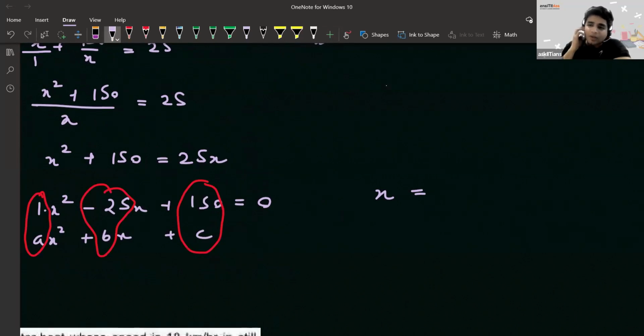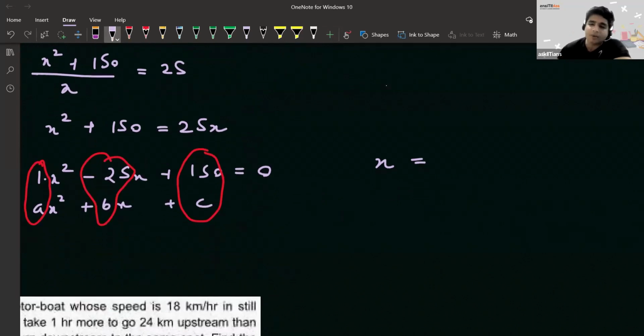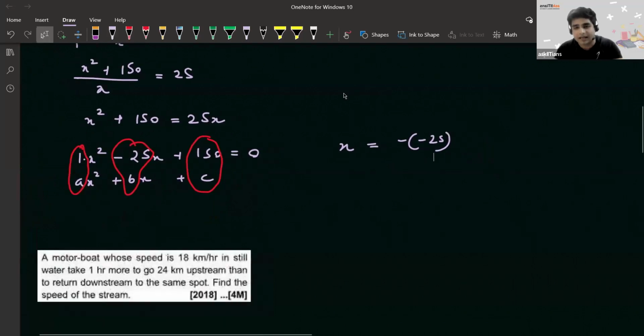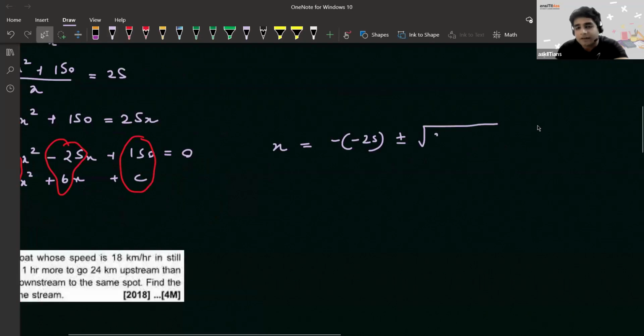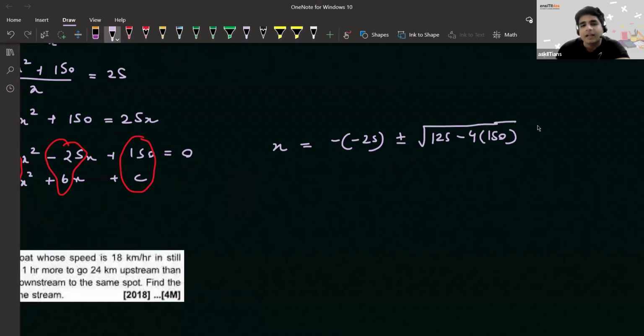So I will write minus of b, that is minus minus 25, plus minus root of b square, that is 25 square, which is 125. I'll directly write it. Minus 4 times ac. 4, a is 1, and c is 150. Let me know if there are any doubts till this point, everyone.